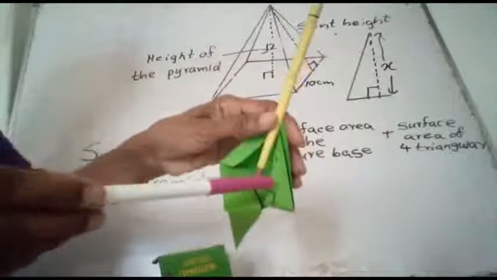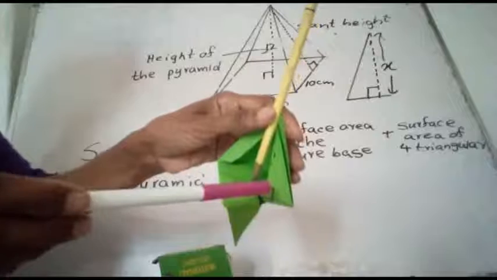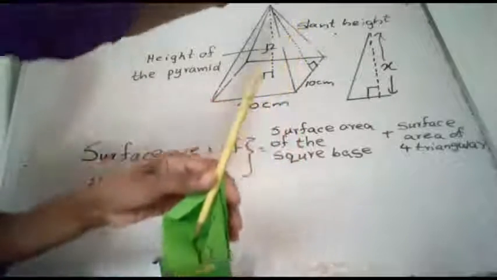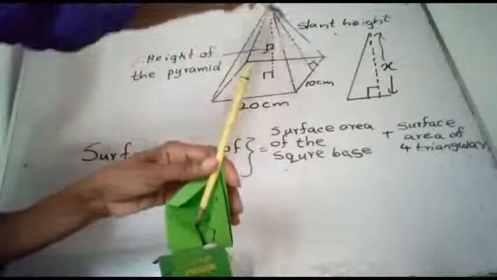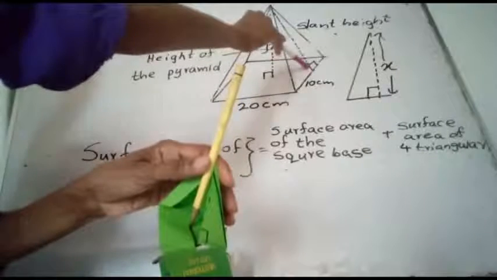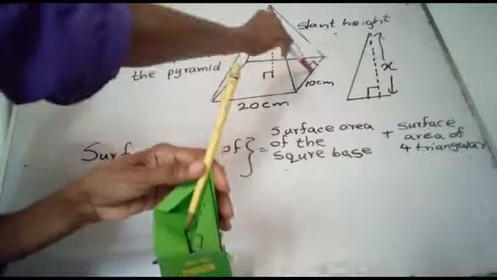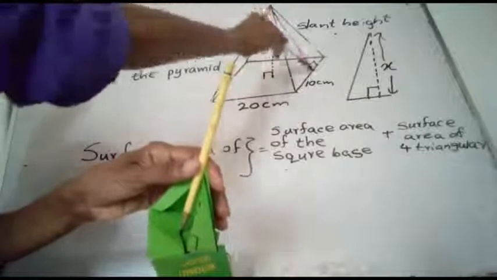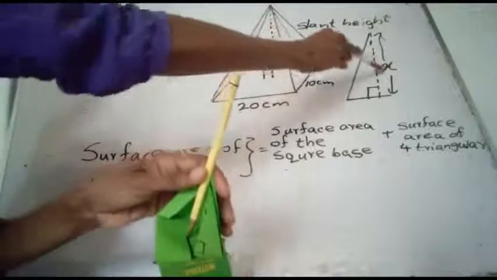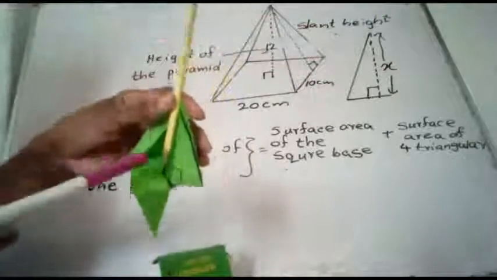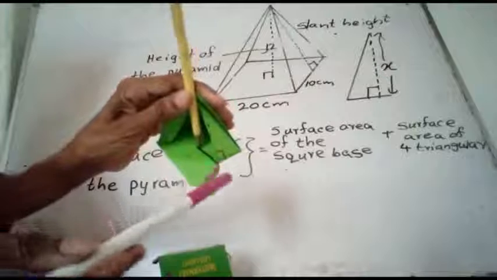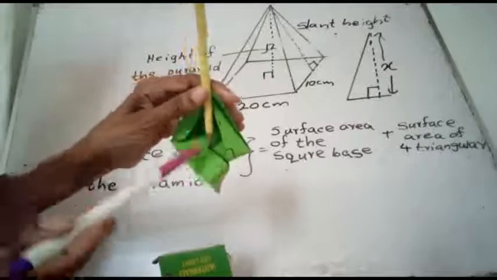We take the length of the perpendicular height of this triangle as x.